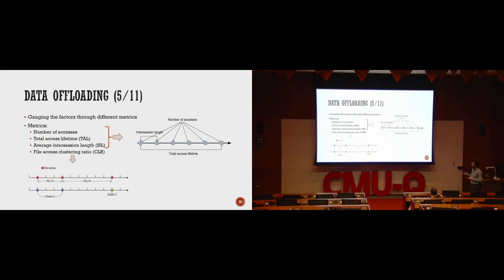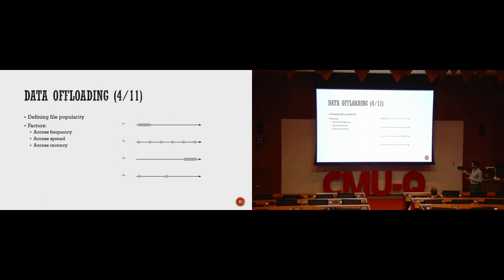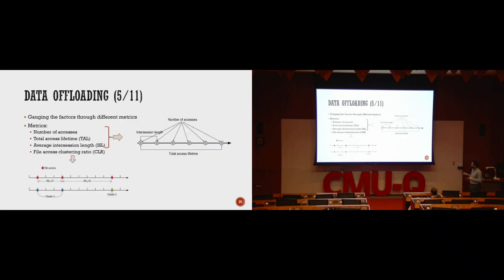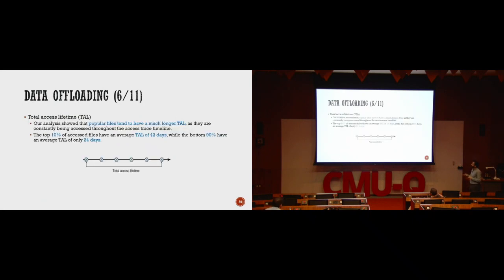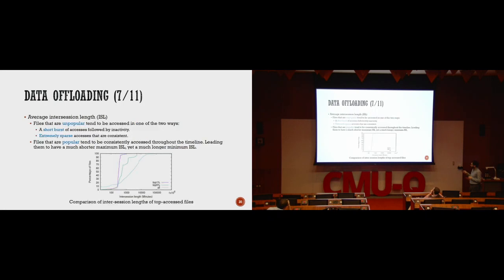And to cancel out the burst access element, we use cluster ratio. You have 2 consecutive accesses as 1 cluster. Based on that, we determine whether the file was used in a specific pattern or it was just a burst access. This is the further detail of this, and I think we can go over this part.